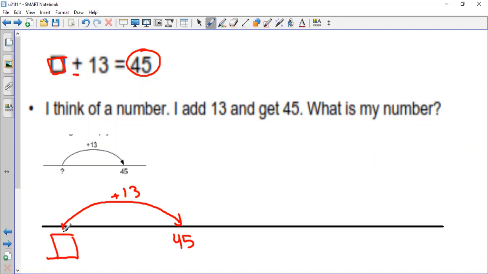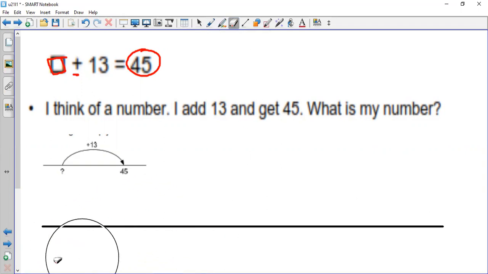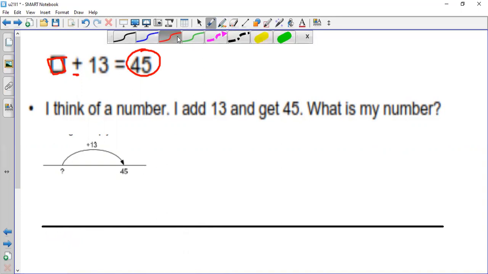I'm somewhere, I walk forward 13 steps, I land on 45. If I went back these 13 steps, I will go back to the starting point, which is the missing number. So to solve this, I will reverse the action.